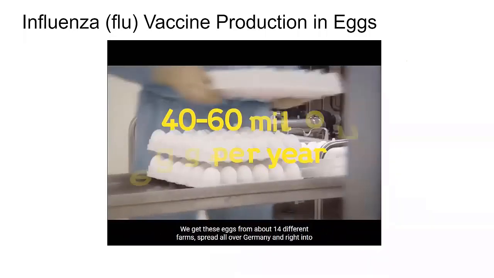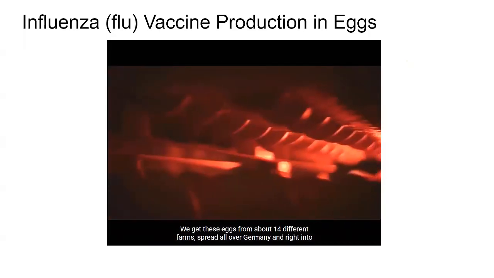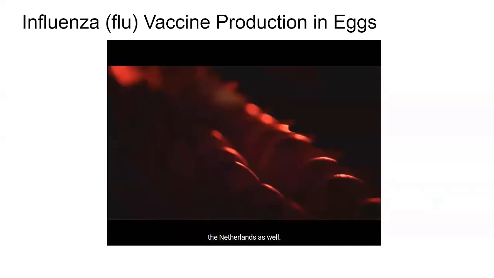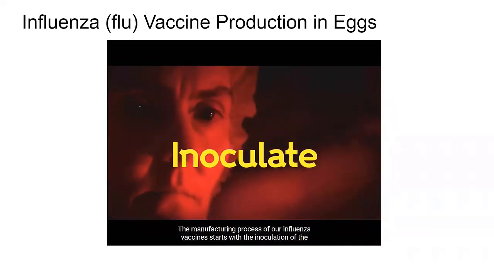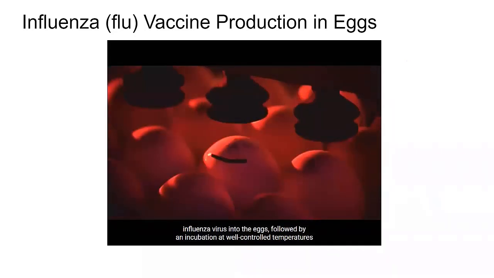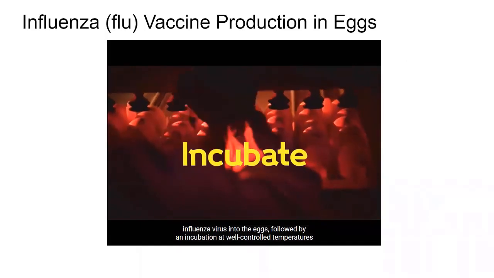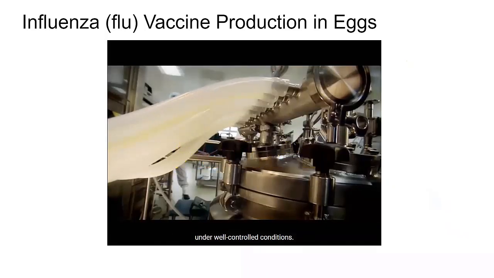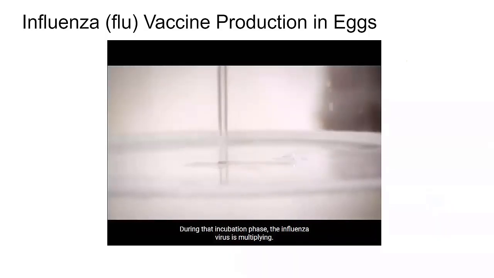We get these eggs from about 14 different farms, spread all over Germany and right into the Netherlands as well. The manufacturing process of our influenza vaccine starts with the inoculation of the influenza virus into the eggs, followed by an incubation at well-controlled temperatures under well-controlled conditions. During that incubation phase, the influenza virus is multiplying.